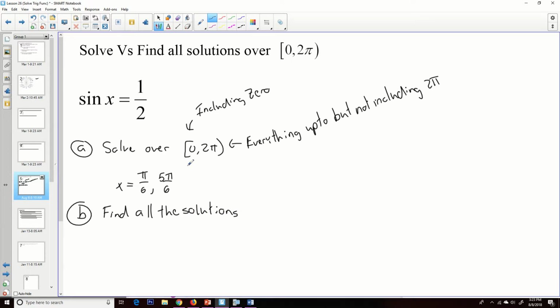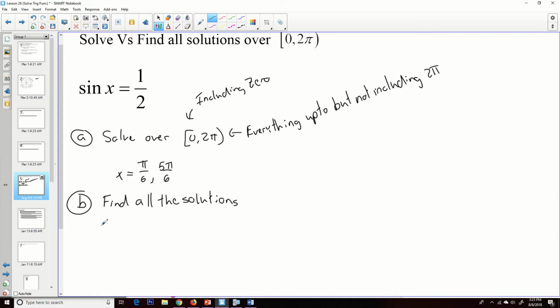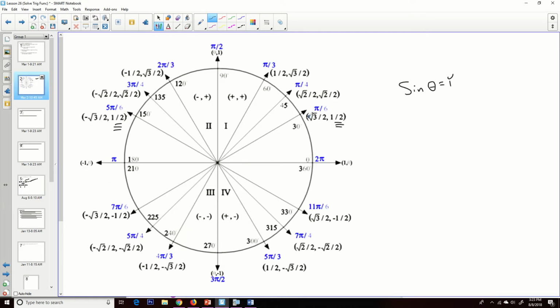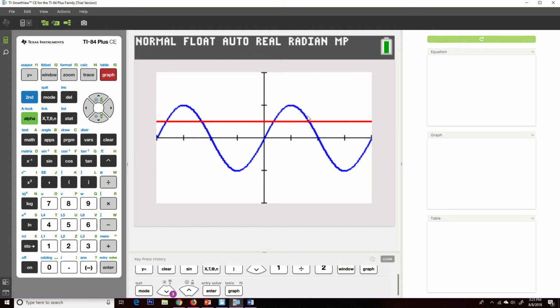Well, all of the solutions will be pi over 6 and 5 pi over 6 and all multiples of full circles around, or in terms of the graph, this one, this one, this one, and this one. And then as we go further to the left and further to the right, all of the multiples of that.